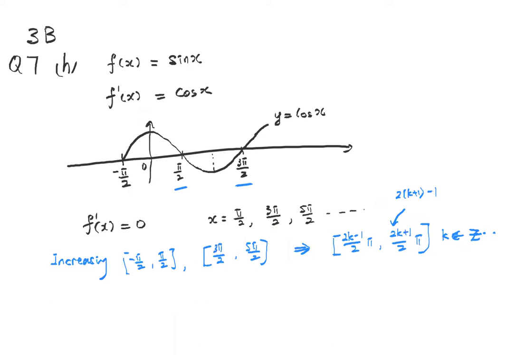They use negative pi by 2 plus 2k, whereby k is a member of integer. The other one is pi by 2 plus 2k. So depend on how you define the thing. So same thing, lor. If I put this, it will be negative 1/2 pi plus k pi. So it's the same thing. Okay?